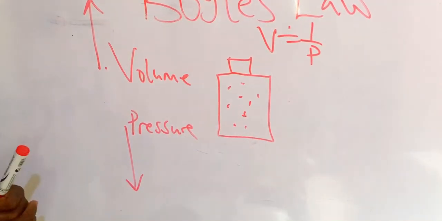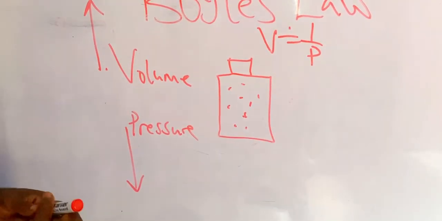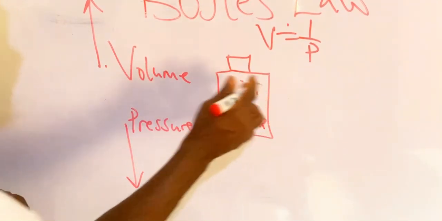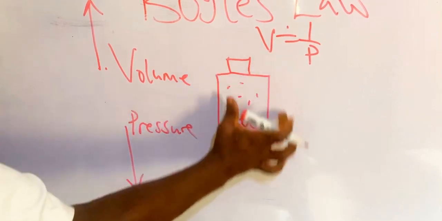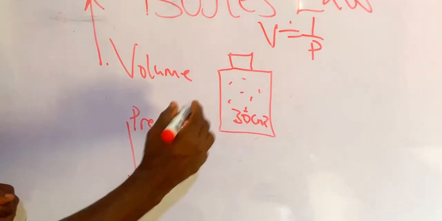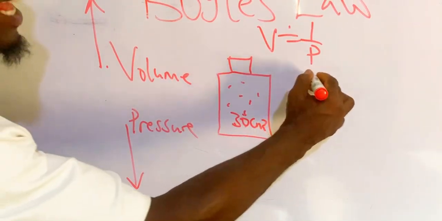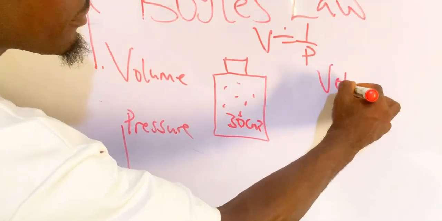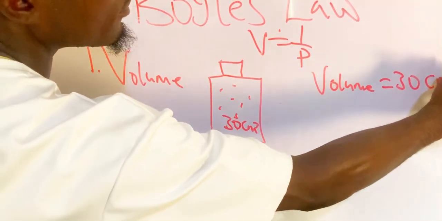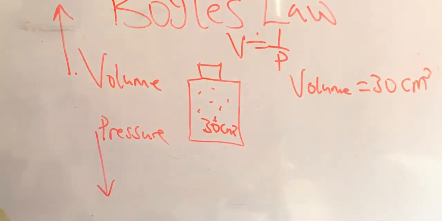Now with this, let's use this as an example. This is a plastic container. Let's take for instance, it contains about 30 cm3 of the gas. Or let's say the volume of this container is 30 cm3. What would you observe?